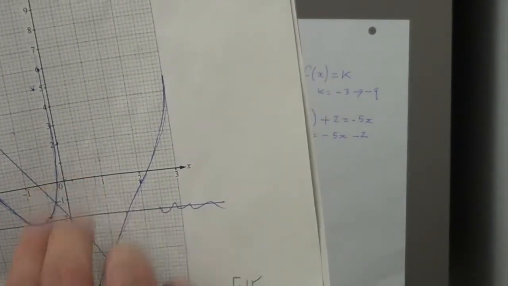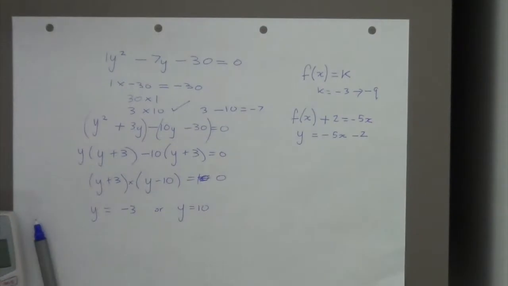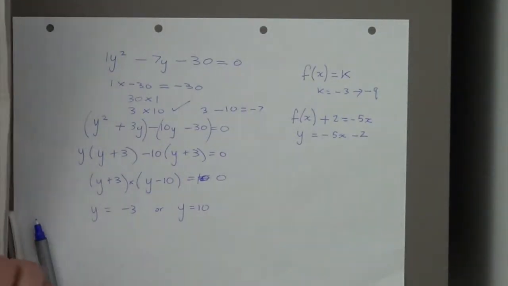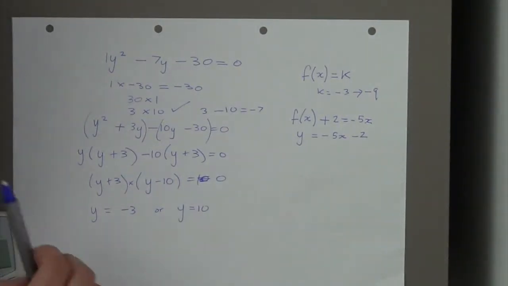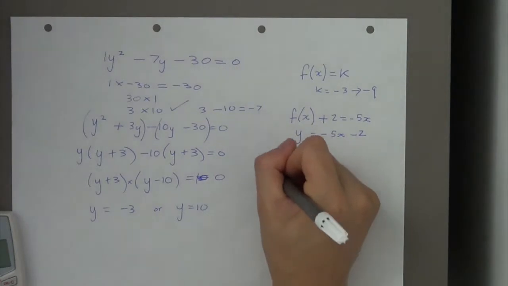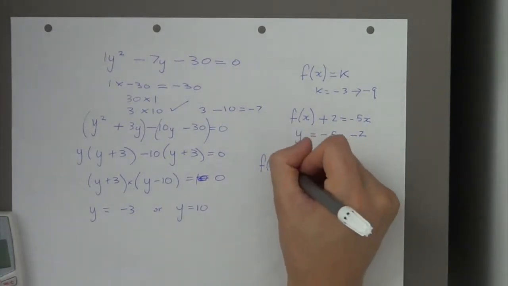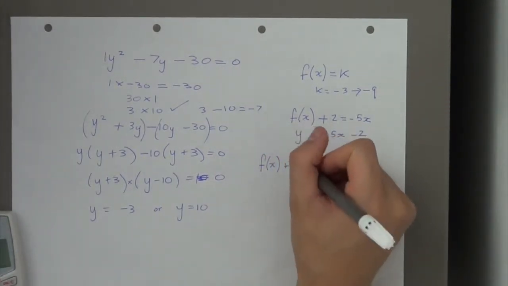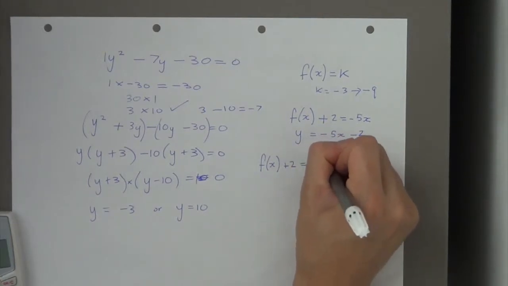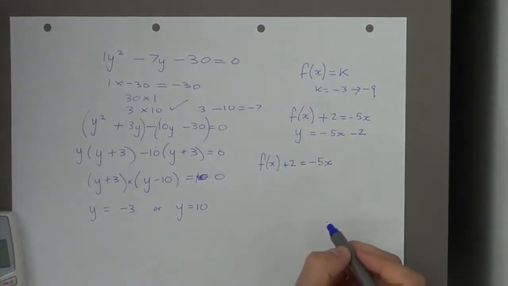Okay, so those are my two solutions. Right, next bit. Find the values of a and value of b if function of x plus 2, okay, equals -5x. Okay?